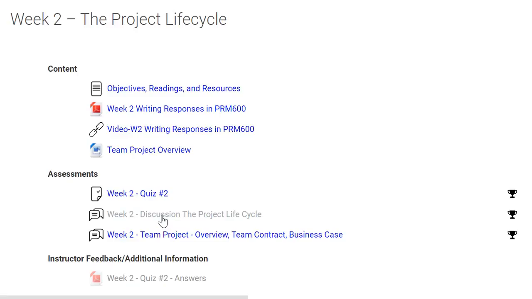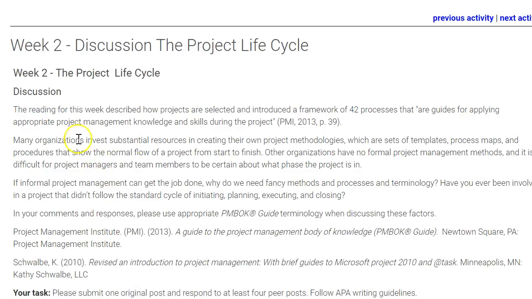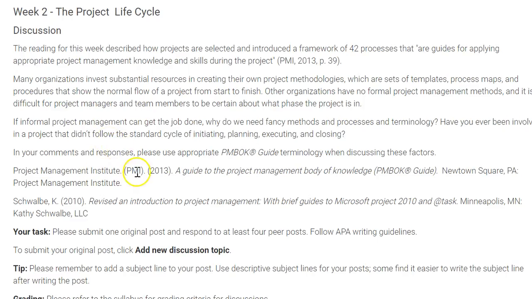Another assessment that we have is discussion, and that's about the project life cycle. In this case, we're asking you to really talk about more methodologies. I worked at an organization that had a 500-step new product development work breakdown structure.